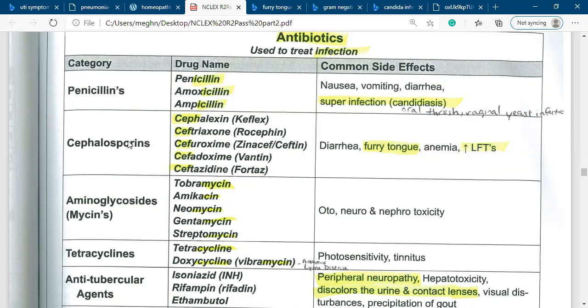And also you have to keep in mind, cephalosporin works better if you take it with food, or cephalosporin should be taken with food. This is very important information regarding cephalosporin.